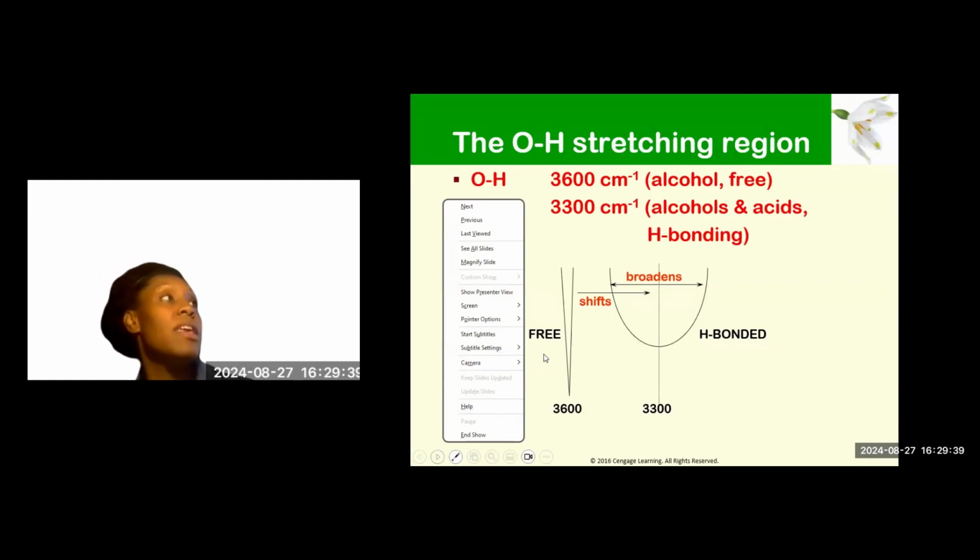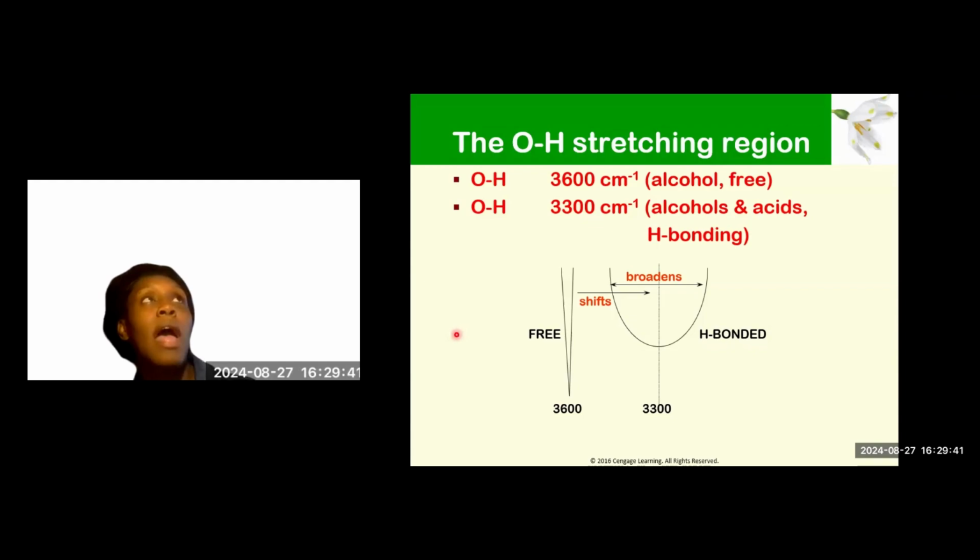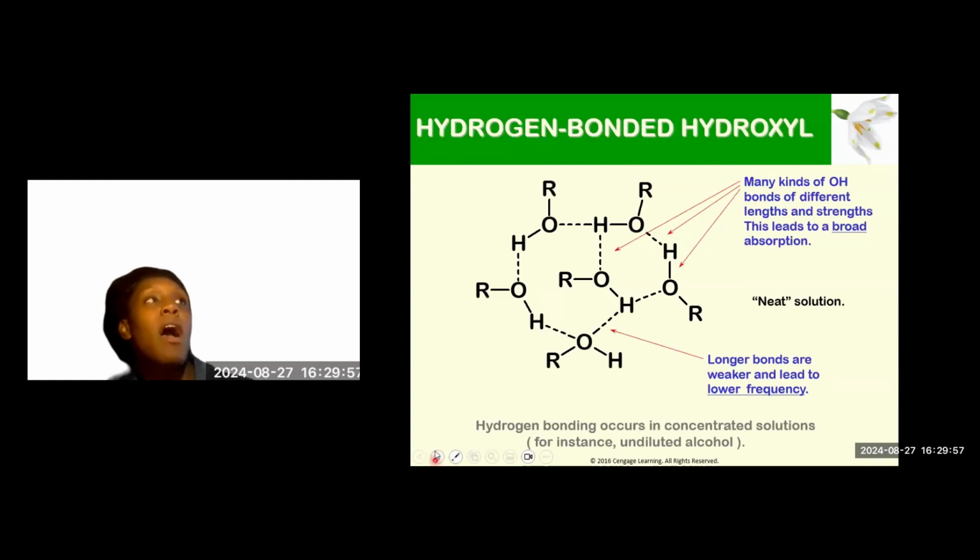And with the alcohols, with the acids and the hydrogen bonding, they're going to be around 3,300, okay, and even lower. All right, so again, this is the rationale behind it. We've already seen this. But again, that broadness is based on the hydrogen bonding within the molecule.